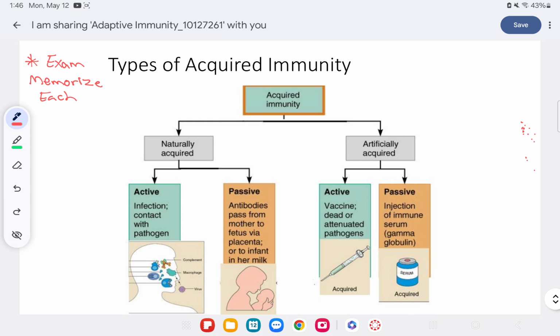Artificially, so this is clinically. This is the idea with vaccination, is that you will be exposed to the pathogen at a super low dose, well below the ID50 value. We know how much it takes to get sick from different pathogens, and you should be orders of magnitude below it.